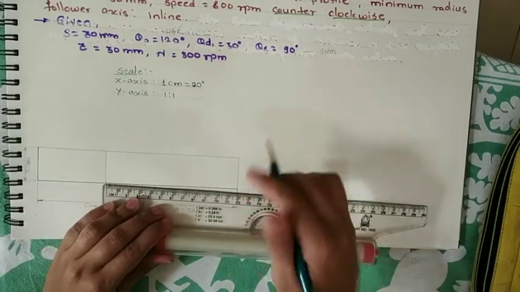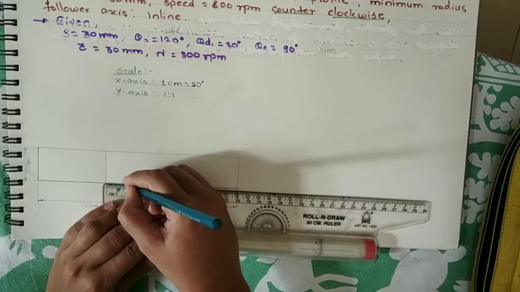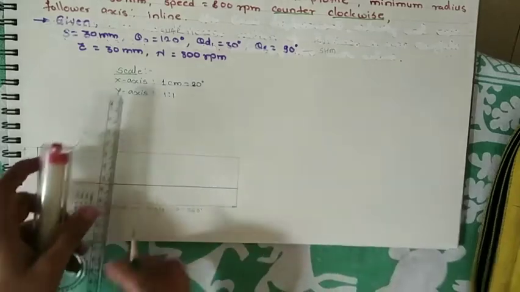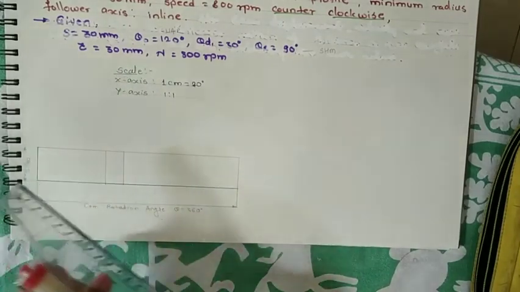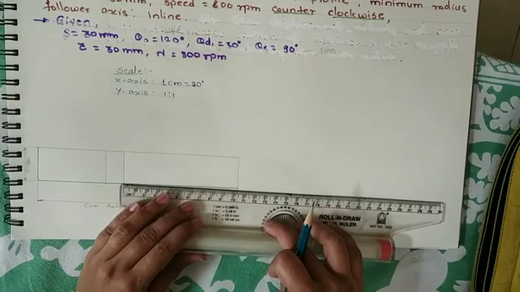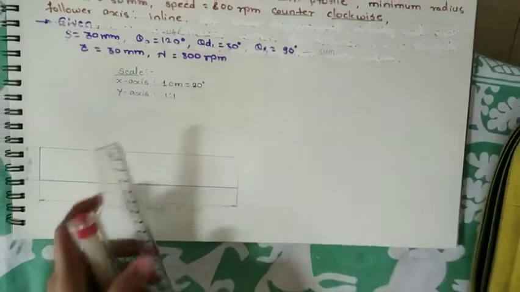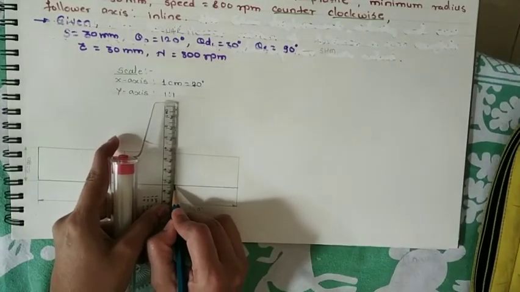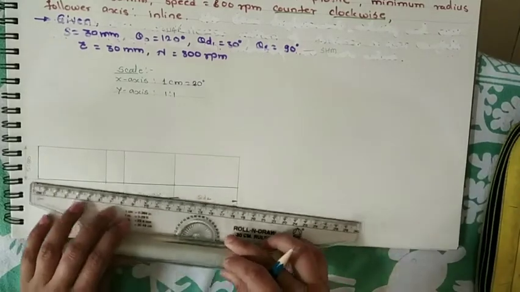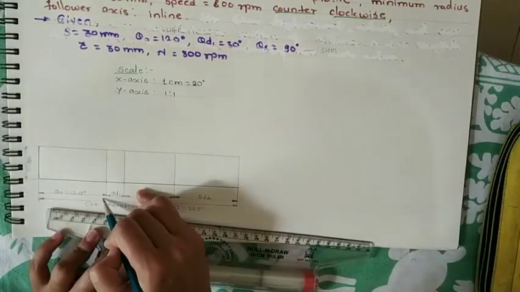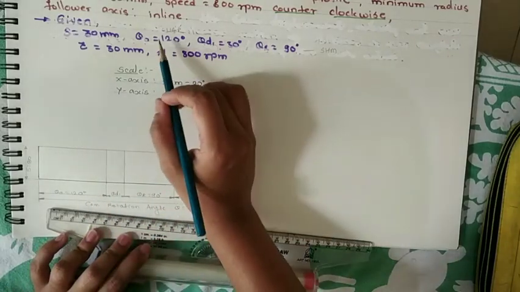Similarly, mark the next dwell, that is 30 degrees, so it is 1.5 centimeters distance, and next is the 90 degrees, so it is 4.5 centimeters, and again draw a vertical line. Now next, divide this outstroke angle into equal and even number of parts.